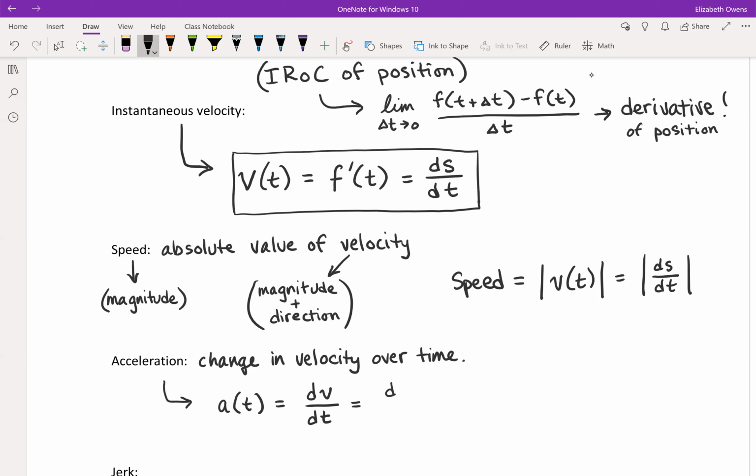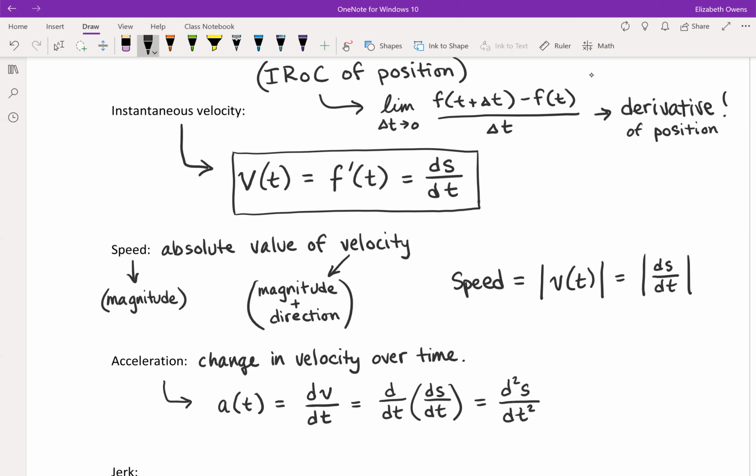So this is the derivative with respect to t of ds dt, because ds dt is the velocity, and we want to take the derivative of that again. And so the notation for that, remember in Leibniz form, looks like d squared s over dt squared.